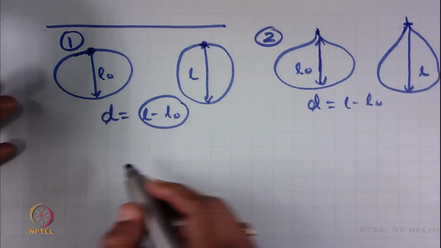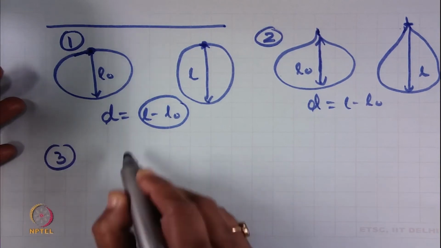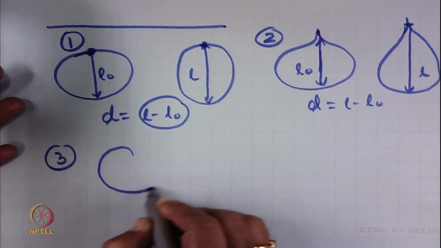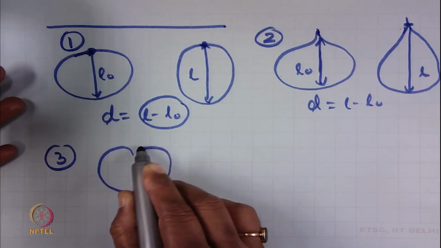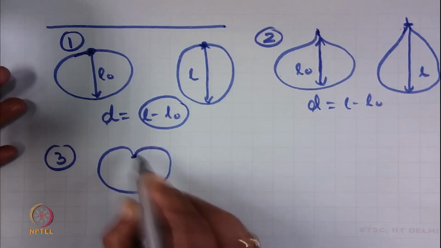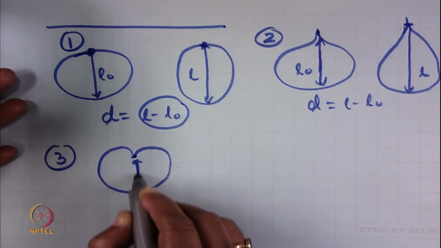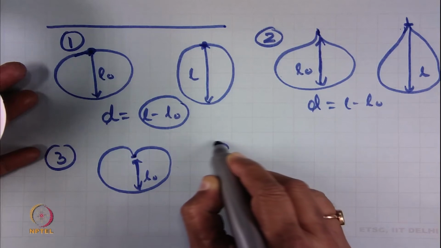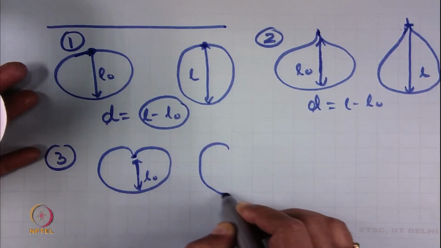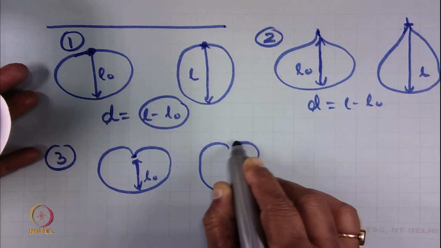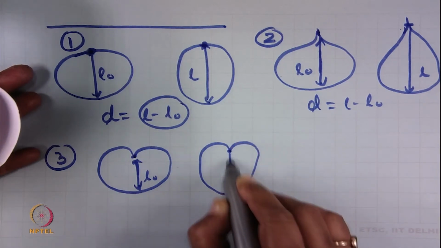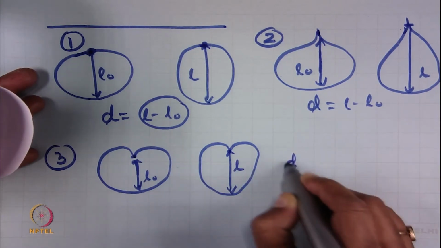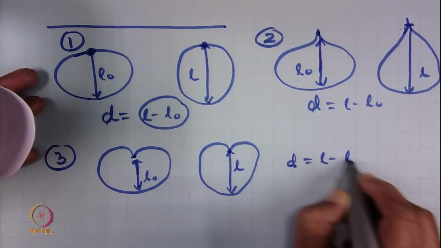Now, here the strip we are forming just like a heart, and we are gripping here. From here the length is L0, and when it is deformed on its own mass, L. So, D equals L minus L0.